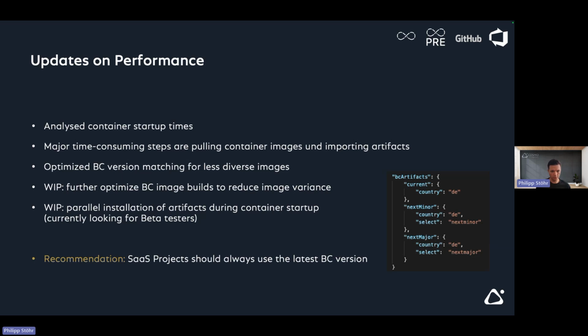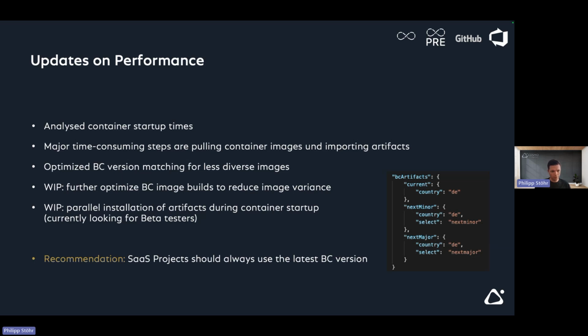We have on the current property only the country specified, and for next major and next minor additionally the select, but this configuration is sufficient to receive the latest BC version for SaaS projects. So we advise you to use a configuration like this.